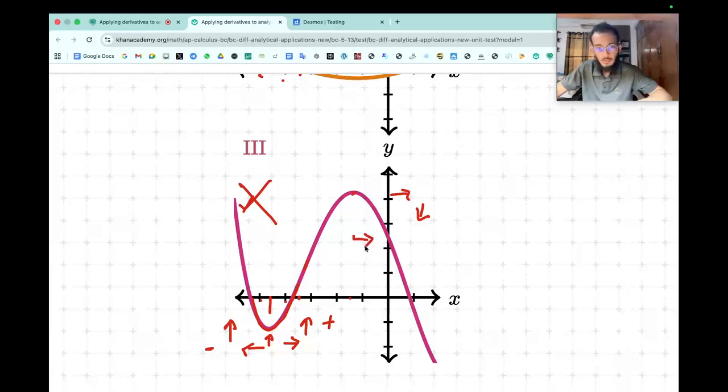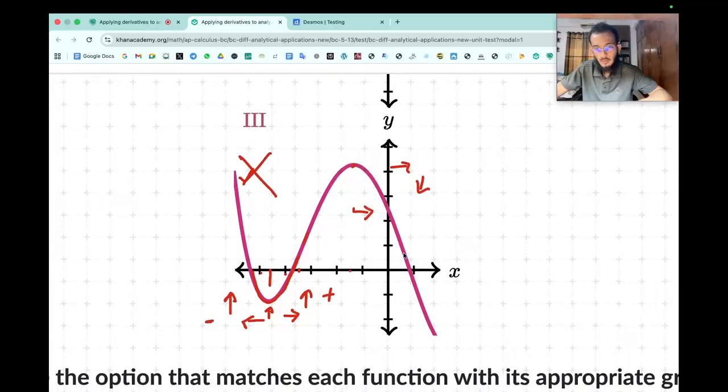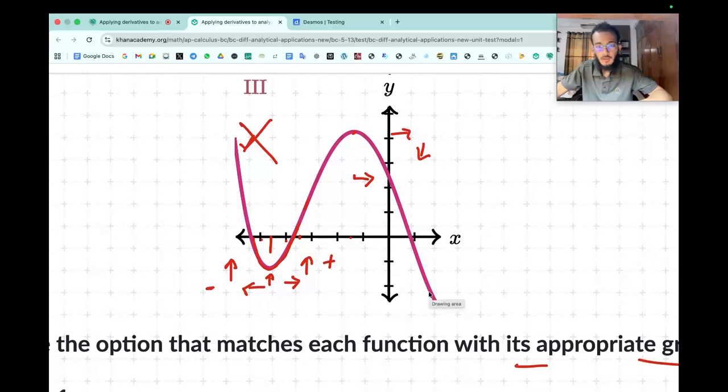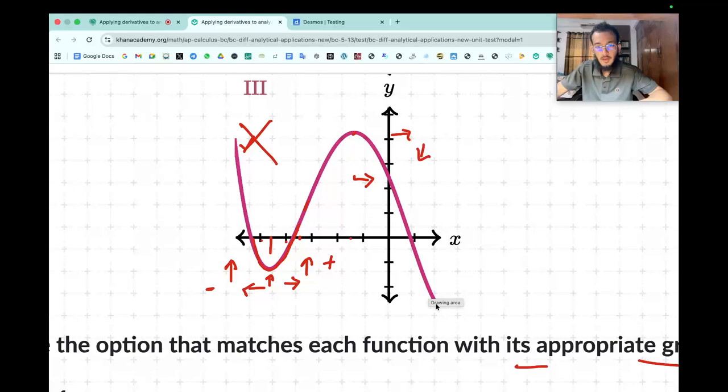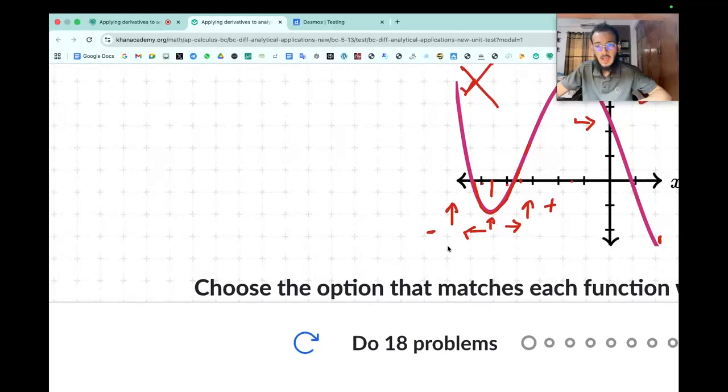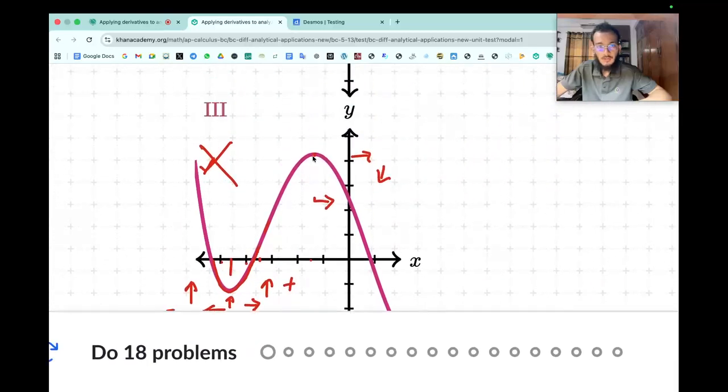As we move right, it is moving downwards, so the gradient is negative, up until this point and still negative. So it should be below the x-axis after this point. Everything should be below the x-axis because we have a negative gradient.